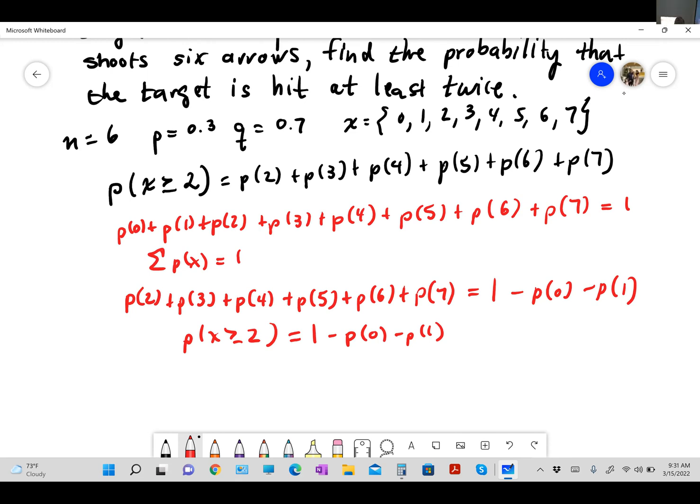Okay, so how many ways could you hit the target 0 times? Greater than or equal to 2, at least 2. Okay, so here's our problem. Guys, don't overthink this. So first, let me clarify your x values. Out of the times that you tried, and the problem says 6 times, so let me erase that.